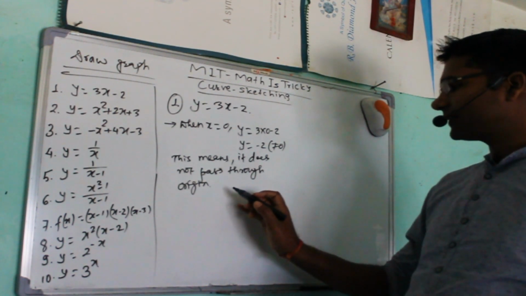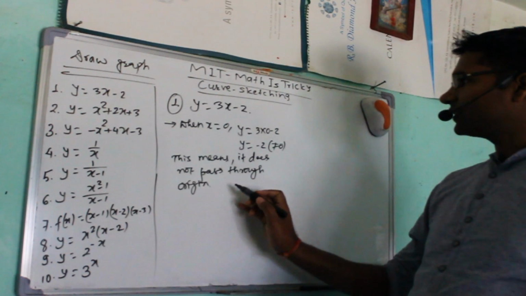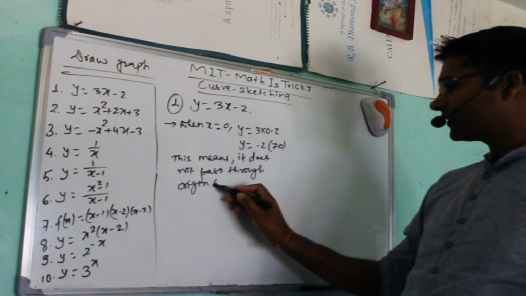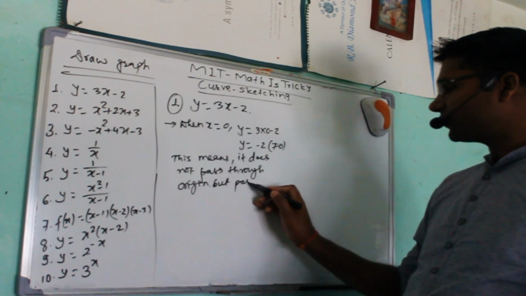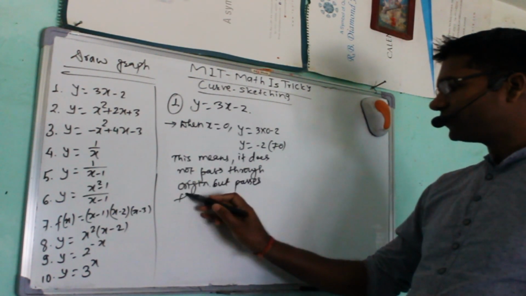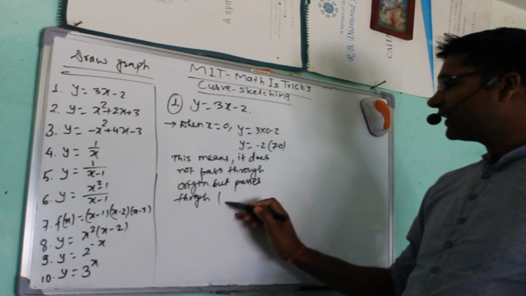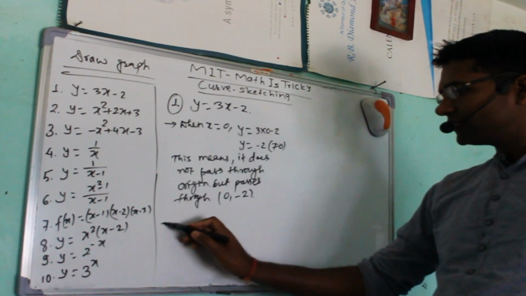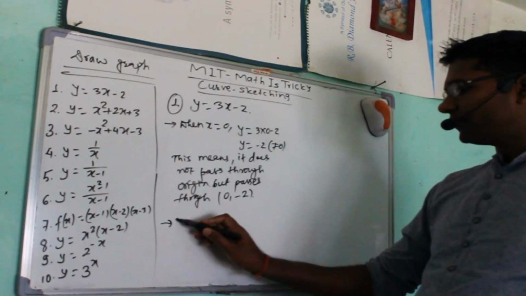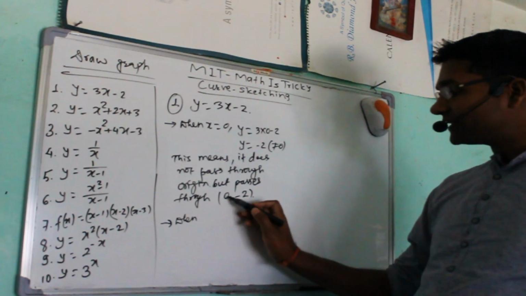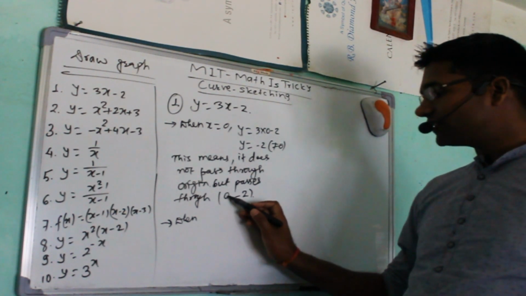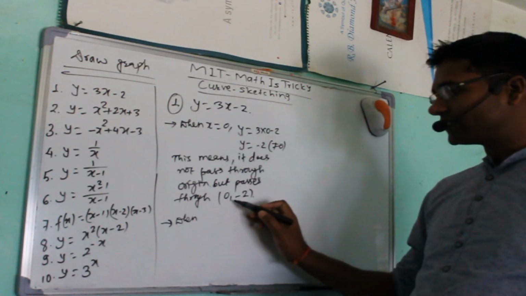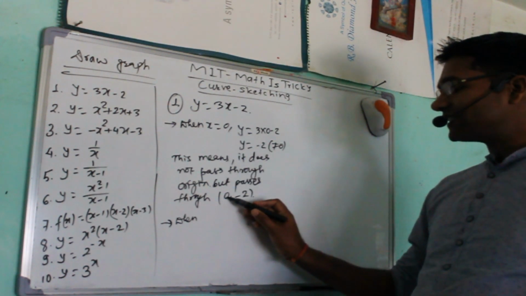It means here the first one is this, it cuts the y-axis and passes through the point 0 comma minus 2, the first point. Second step, it cuts the y-axis at the point 0 comma minus 2.